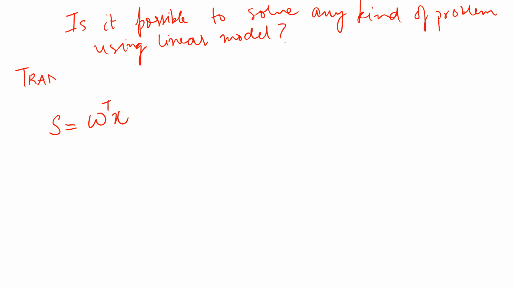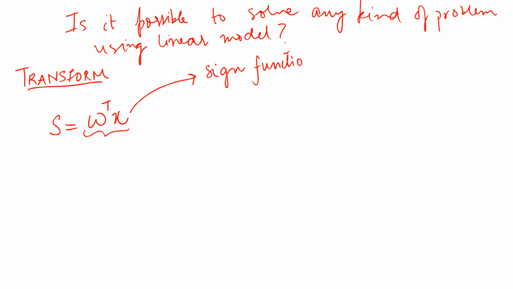We can transform this linear signal. How do we transform that? The first problem is the classification problem. Because this is going to be some real value, in the case of classification problems, I can use a sign function.